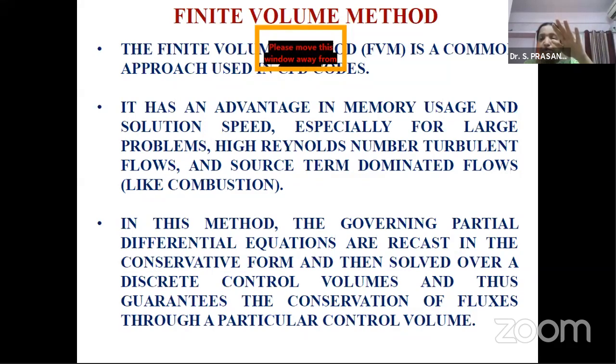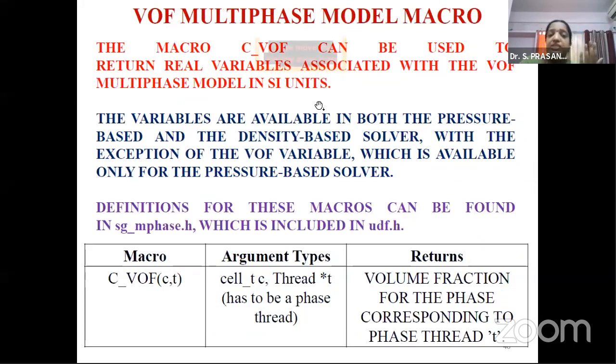You have the pressure-based solver algorithm, and then the density-based solver algorithm. You have to decide which one is appropriate for your case, so that the equations will be run one after the other, or all the equations will be run simultaneously. In this case, it also gives us some macros.